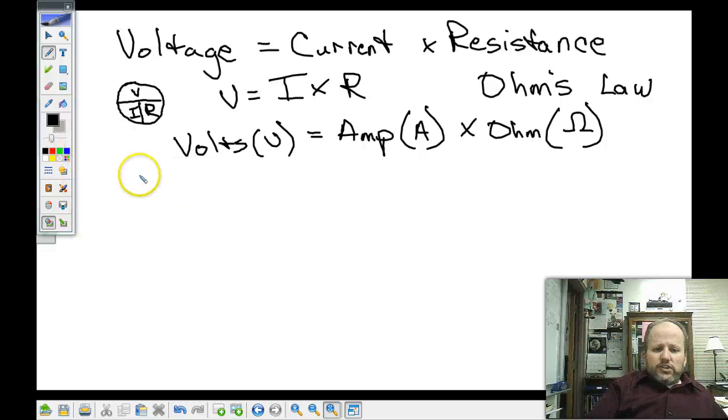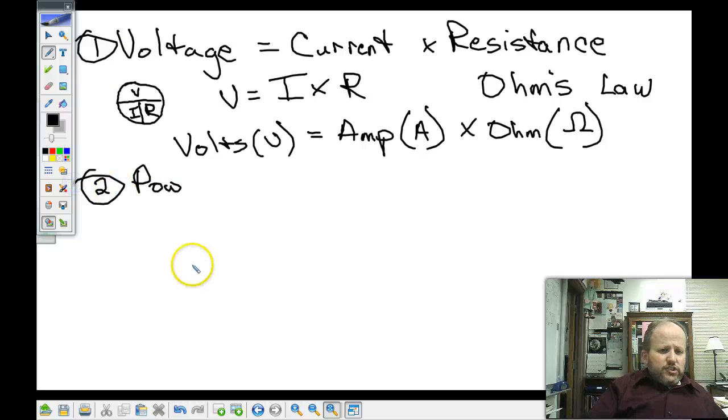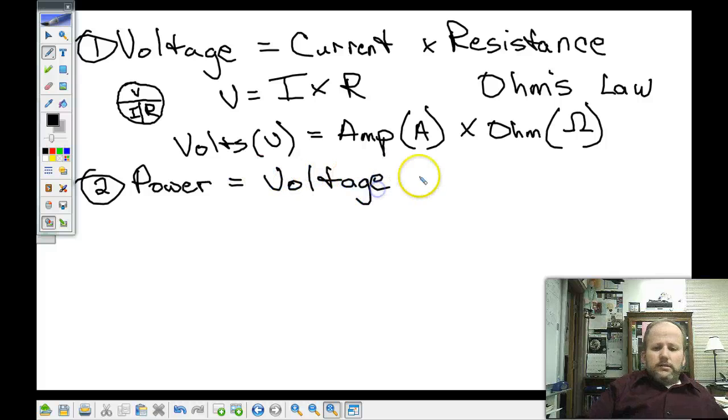The second equation I want you to know is power. So let's number these. Here's 1. Here's the second equation, 2. The second equation is power equals voltage times current.